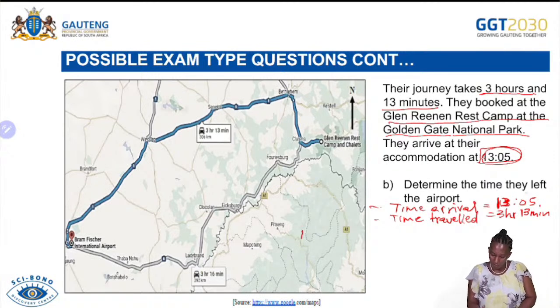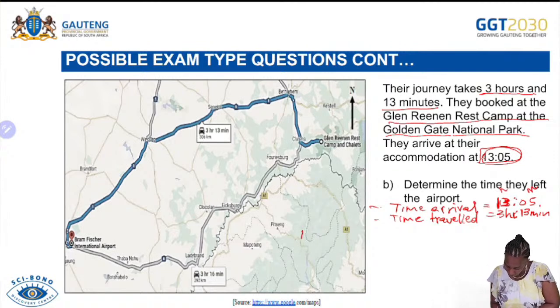We know that we won't be able to subtract these minutes on the minutes here. Remember, here it is the hours, and here it is the minutes. And 5 minutes minus 13 minutes is impossible. Then what do we do? We borrow. Let me just write it over here so that you can see it's 13:05 minus 3 hours and 13 minutes, because it's impossible for us to say 5 minutes minus 13.